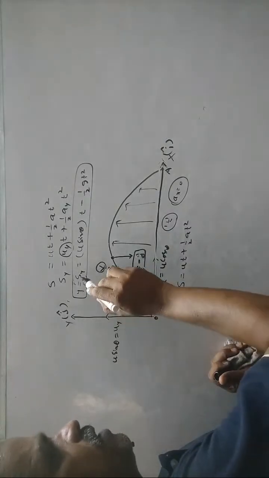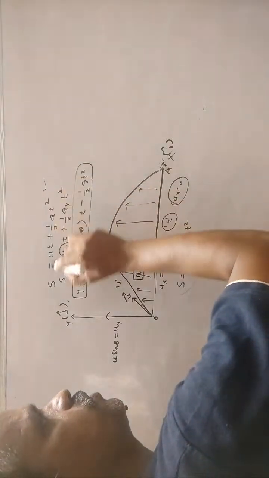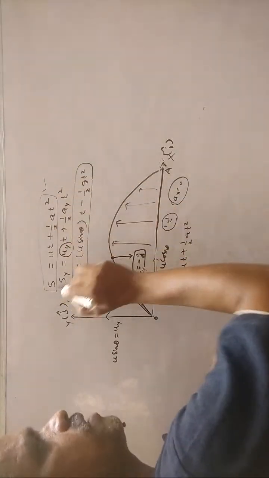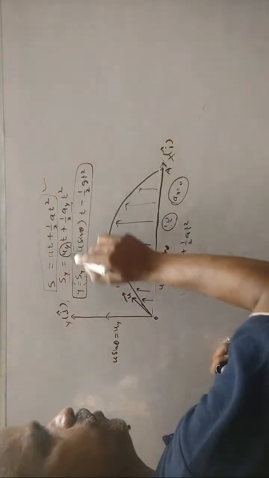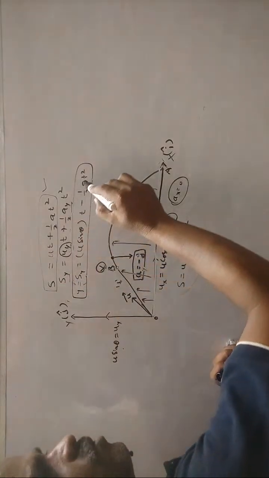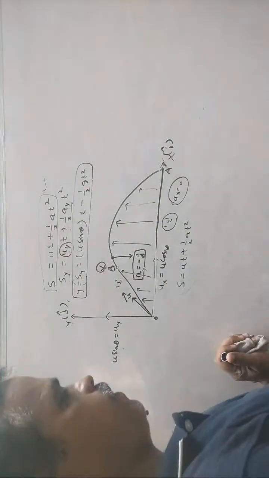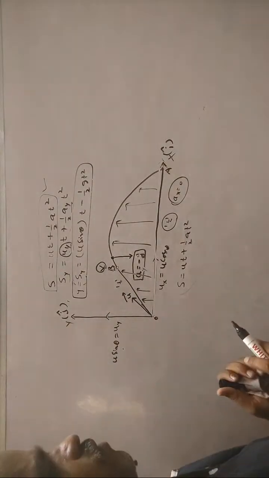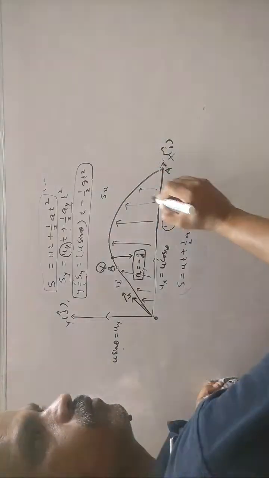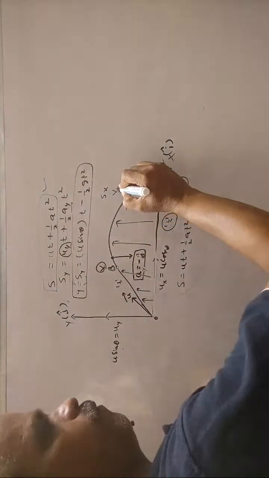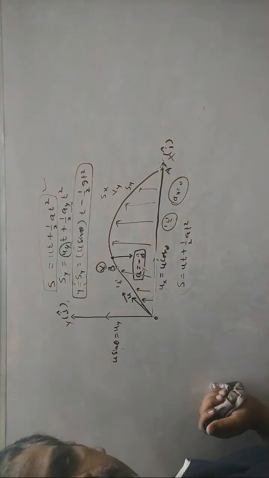The vertical displacement is u sin theta t minus half gt square, using ut plus half at square with uy equal to u sin theta and ay equal to minus g. Up to now we calculated Sx, Vy, Sy.